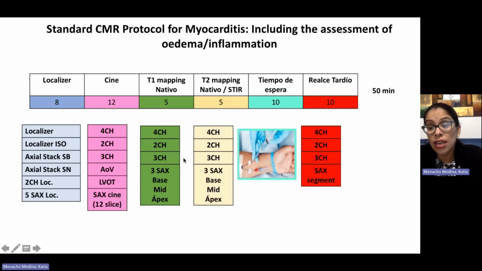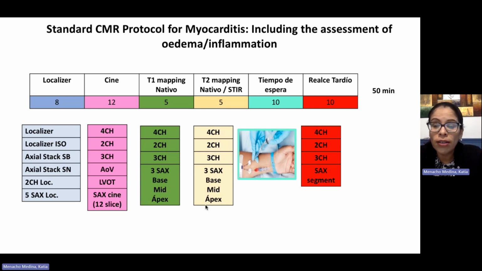If we want to assess, for example, the query of myocarditis, we need to also include sequences that can help us assess the part of edema and inflammation. So to the protocol that I mentioned before, we also need to include T2 mapping, if we have the sequence available, or T2 STIR, which is an older sequence but is also validated to assess edema.